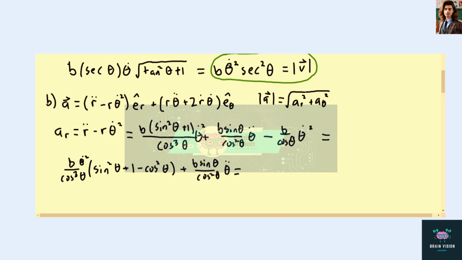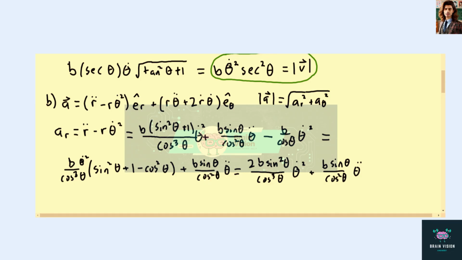Okay, now, so we'll have a sine squared plus a 1 minus cosine squared, so that's a 2 sine squared there. So now we've got 2b sine squared theta over cosine cubed theta, and that's our theta dot squared term, and we've got that b sine theta over cosine squared theta double dot.